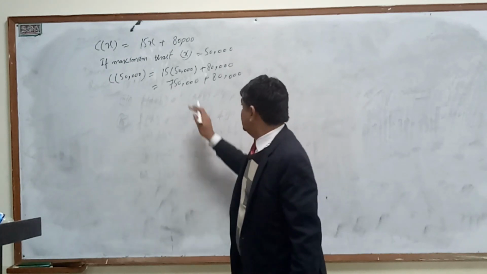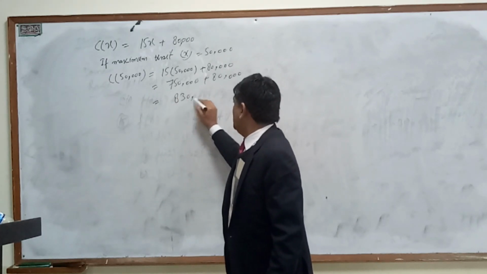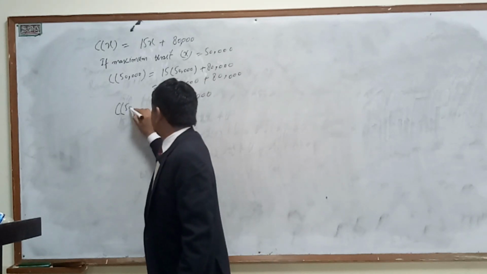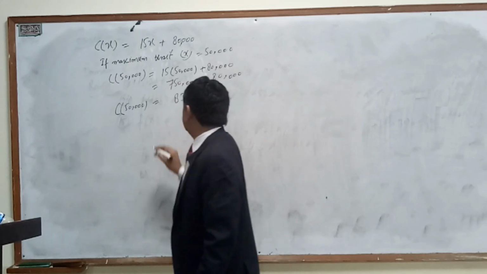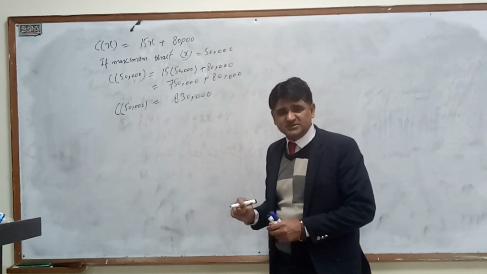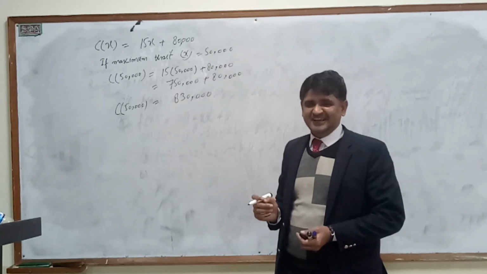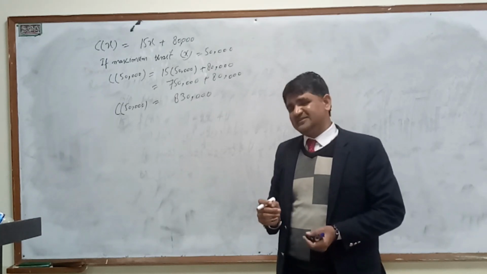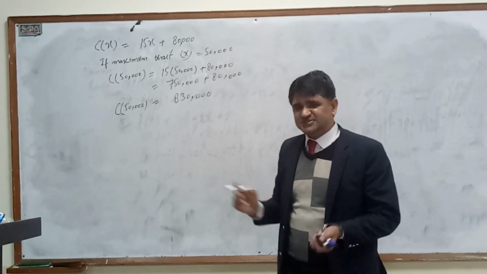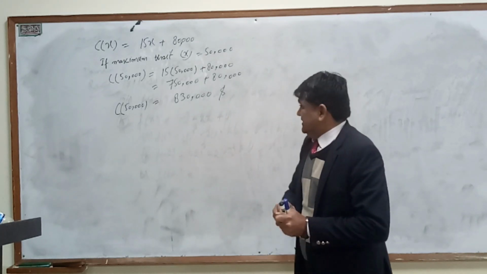Yes, sir. Then add, what's the value? 830,000. So the cost of 50,000 units is 830,000. Clear, students? What's the interpretation? If the firm produces 50,000 units, then it will cost $830,000, or whatever the unit is. I think it's dollar.